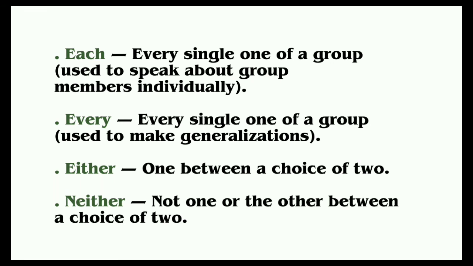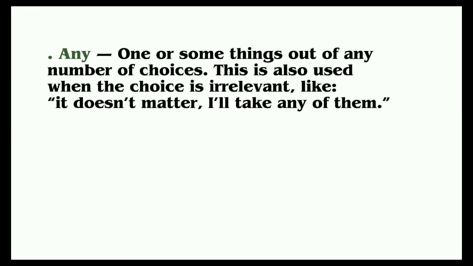Neither, not one or the other between a choice of two. Any, one or some out of any number of choices. This is also used when the choice is irrelevant, like "it doesn't matter, I will take any of them."